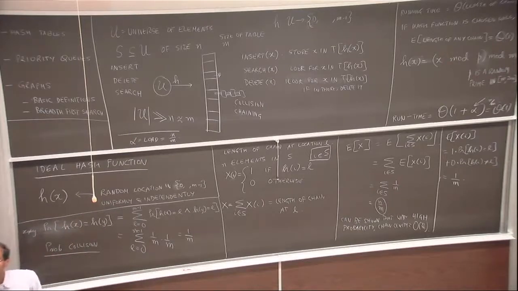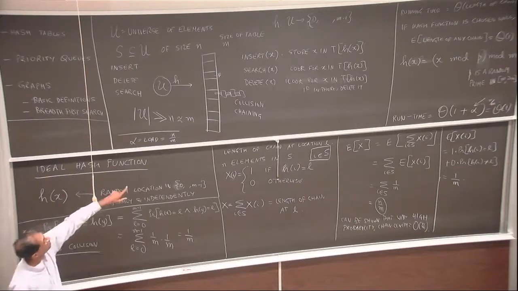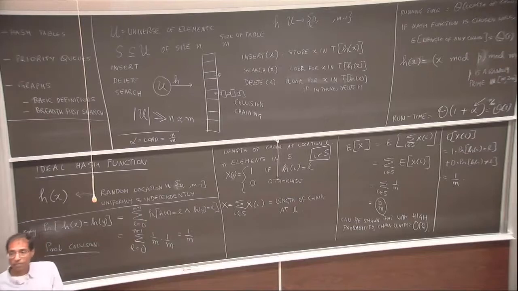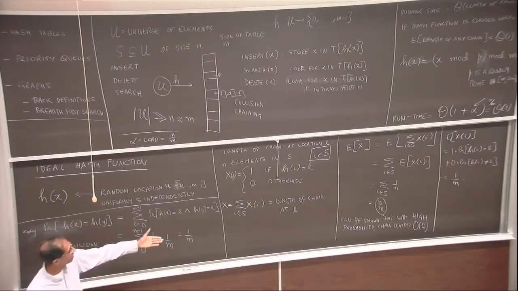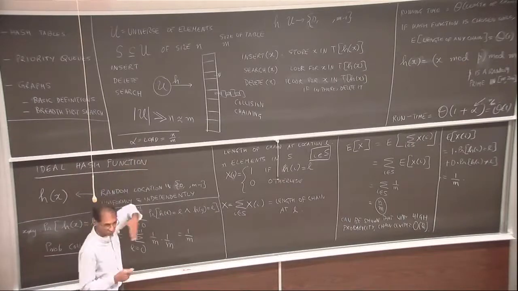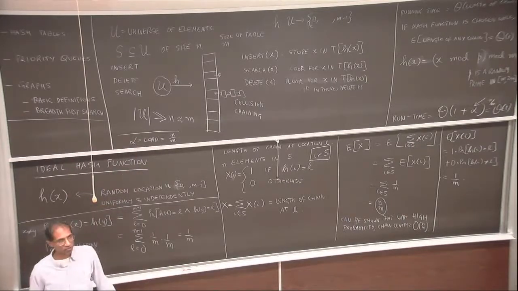Memory? Well, no, the hash table is of size m, which we said we could keep to be close to n. No, because the chain length we have agreed is no more than alpha, which is roughly a constant, so chain length is also small.